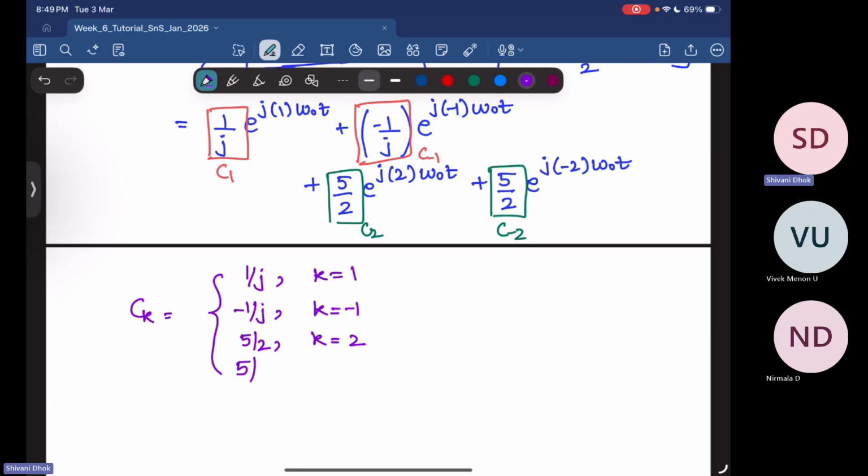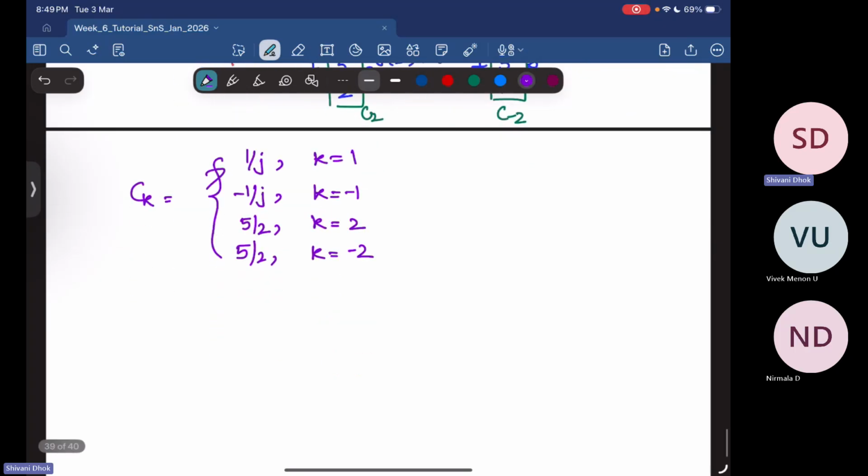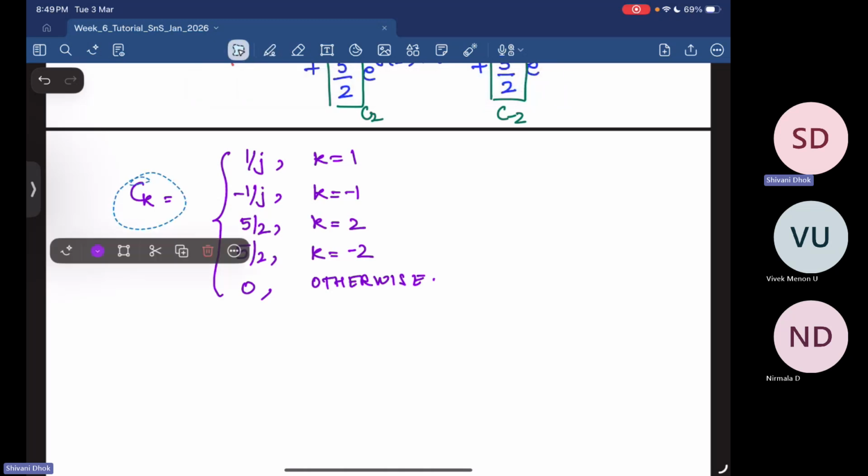It is equal to again 5 by 2 for k equal to minus 2. And this thing is 0 otherwise. Is it clear till this point?